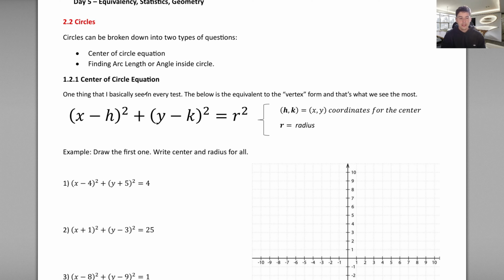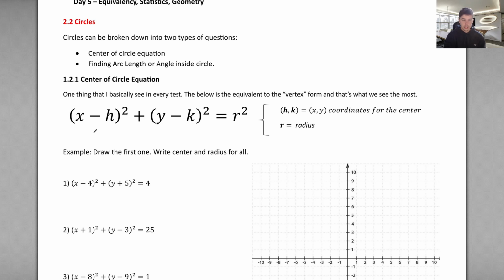One thing that I see in basically every test, that's for sure. The equation below is the equivalent of the vertex form, and that's what we see the most. So why is it equivalent to the vertex form? It's because this equation is telling us what the center of the circle is.